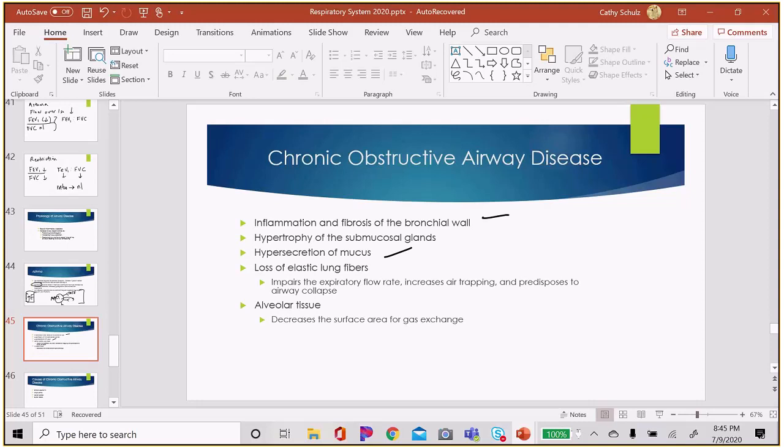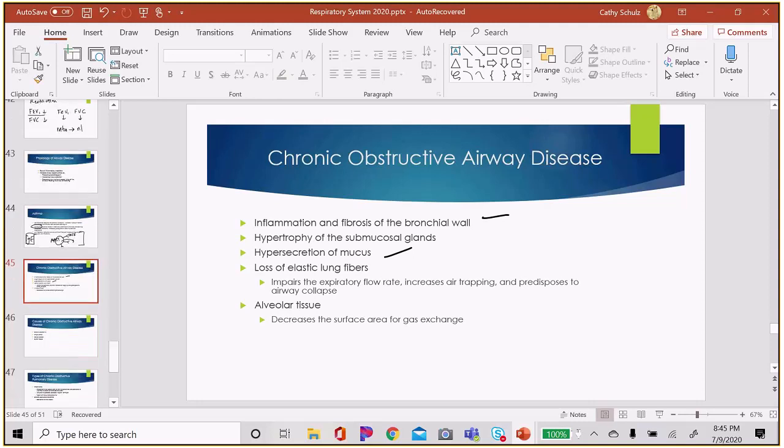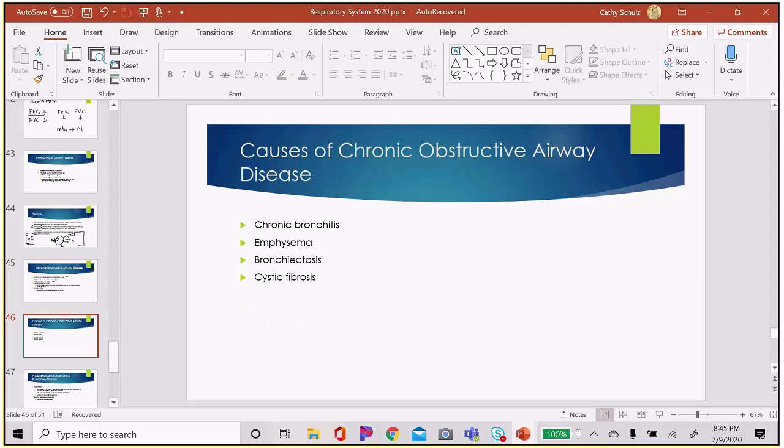Over time, some chronic obstructive airway disorders can lead to some issues with compliance. But right here, we're talking about the airways themselves.